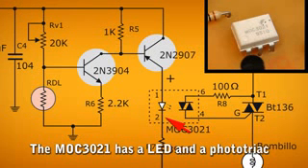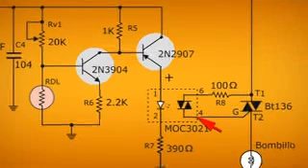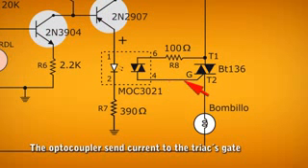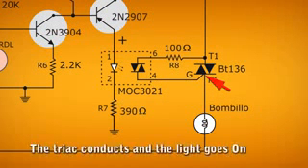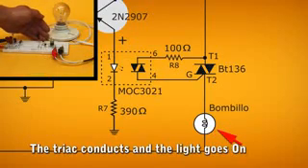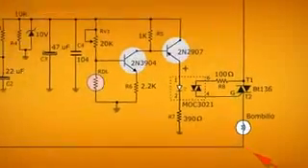The LED lights in its interior, triggering the phototriac, which is between pins 4 and 6 of the optocoupler. The phototriac conducts between pins 4 and 6, sending a current to the gate of triac BT136. The triac conducts current from the public network between its terminals T1 and T2, and as the bulb is in series, it turns on.